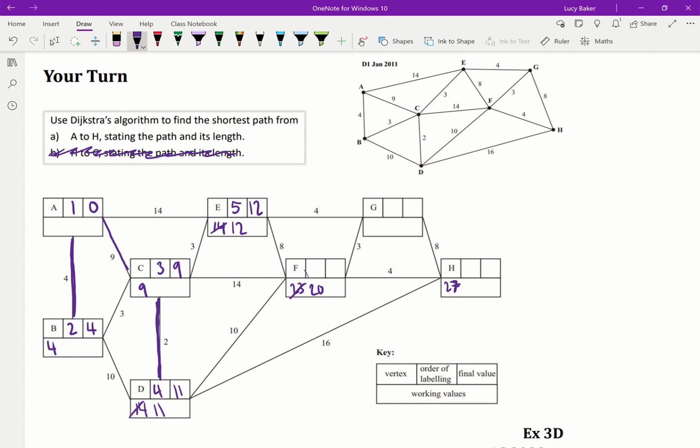I can also get to G in total distance of 16. And that's all I can add for now. So G is going to be the next one because the distance is 16. So I'm going to label that with a 6, and the total distance from A is going to be 16.